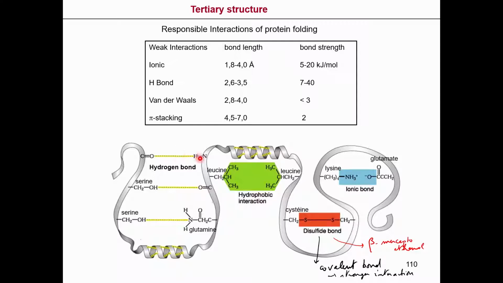You can have hydrogen bond between the peptide bond, so the skeleton of the chain, but also between the side chain of the amino acid, for example, serine, and the CO of the peptide bond, but also serine with the side chain of glutamate. Remember that for an alpha helix, you have also hydrogen bond, which allow to form the alpha helix.